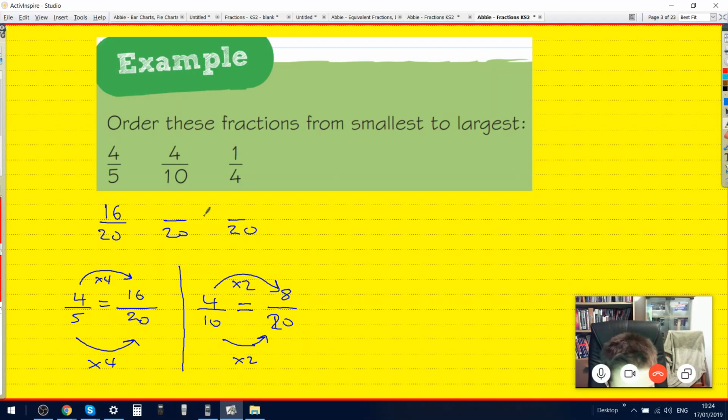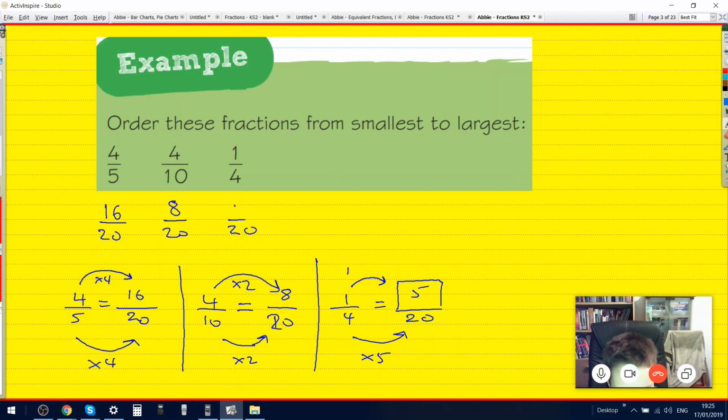And then for one quarter, it's again 20, and you times 4 by 5 to get to 20, and then you would times 1 by 5, which equals 5.